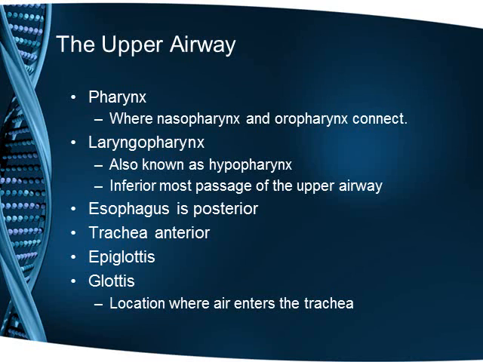The laryngopharynx is also often known as the hypopharynx. When we start to talk about endotracheal intubation, we will talk very heavily about the hypopharynx, because it is often the place where our tube will disappear into, and we'll discuss that. It is the inferior-most passage of the upper airway.